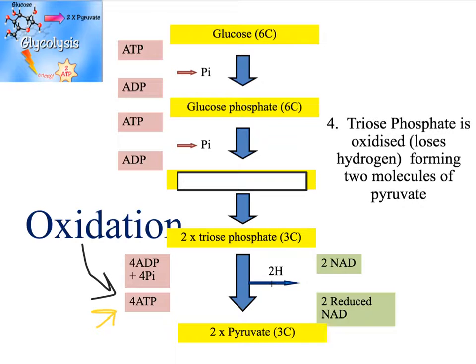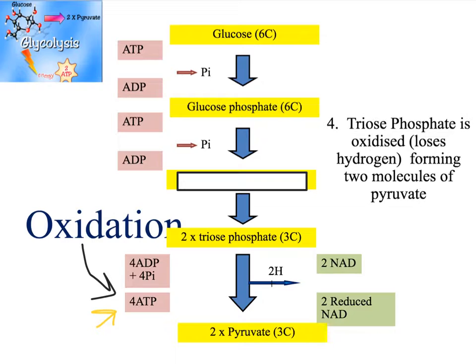That will then be used in the electron transport chain at the end of the reaction. So NAD helps the enzymes that catalyze the oxidation reactions by accepting and carrying the hydrogen atoms that have been removed.